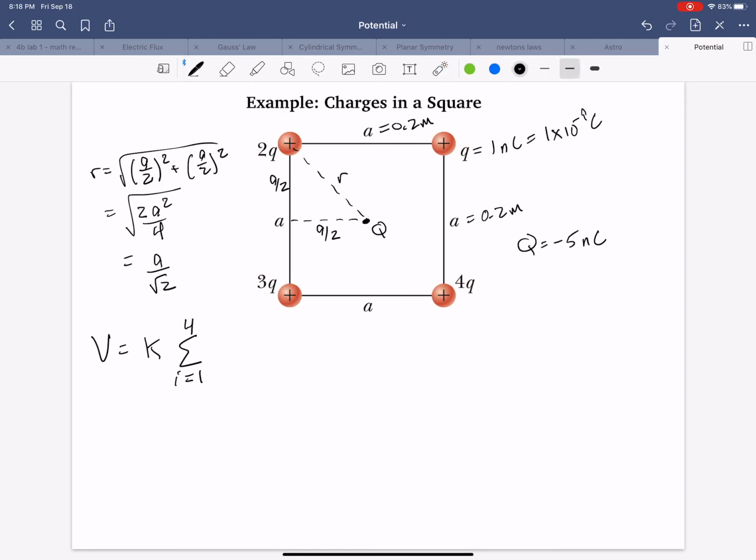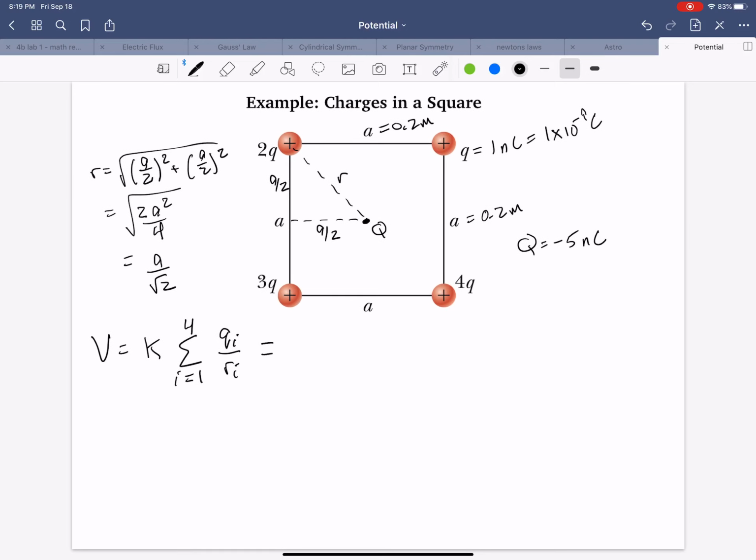So i equals 1 to 4, keeping the same format for the electric potential of kq over r. Thus, we have q sub i over r sub i. Yes, I know the distances are all equal, but just bear with me.